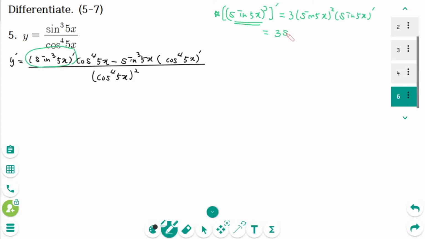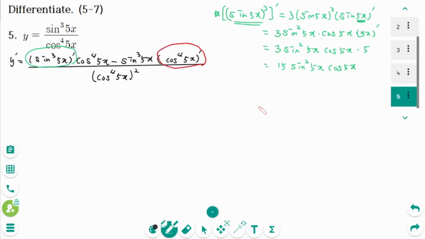That equals 3 sine squared of 5x times, now 5x is u, sine u prime equals cosine u times u prime, so 3 sine squared 5x times cosine 5x times 5. The final answer is 15 sine squared 5x cosine 5x.